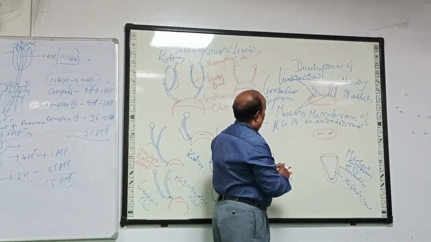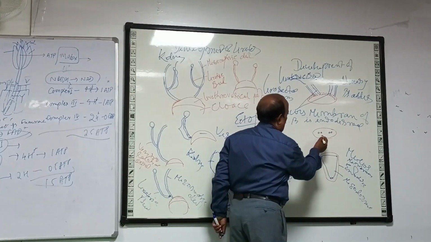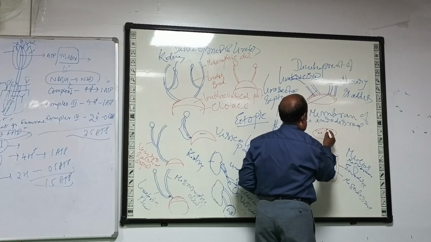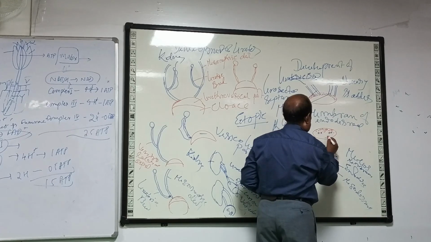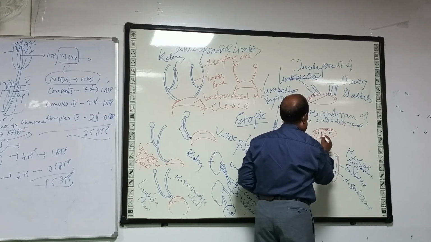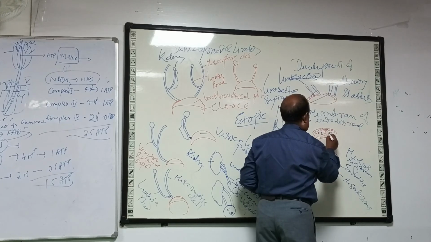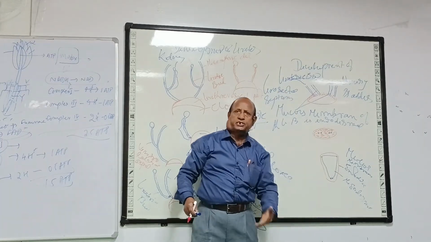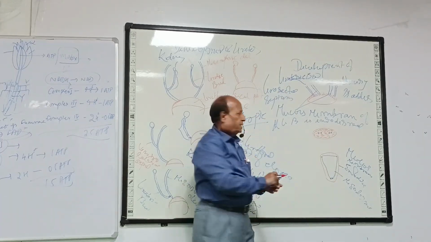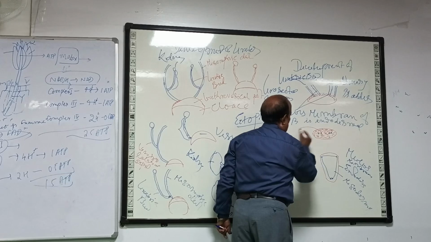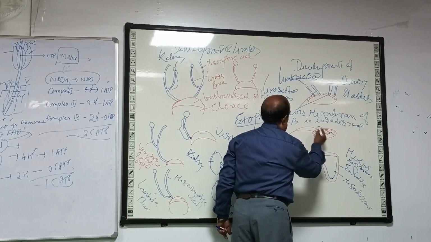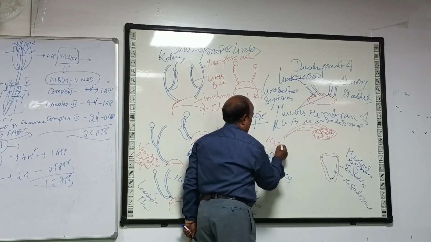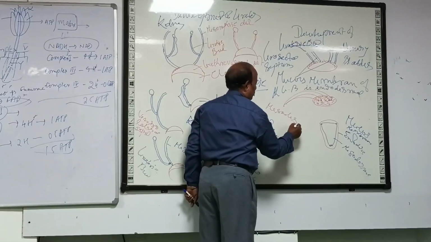Okay? Then what happens? If we cut this section, we will find that these four tubes are mesodermal.